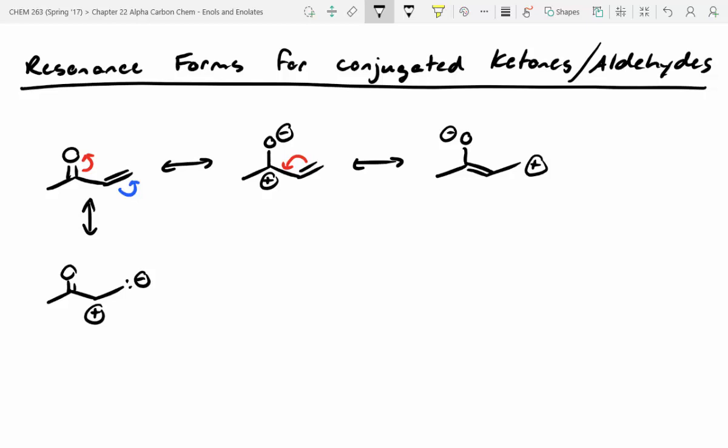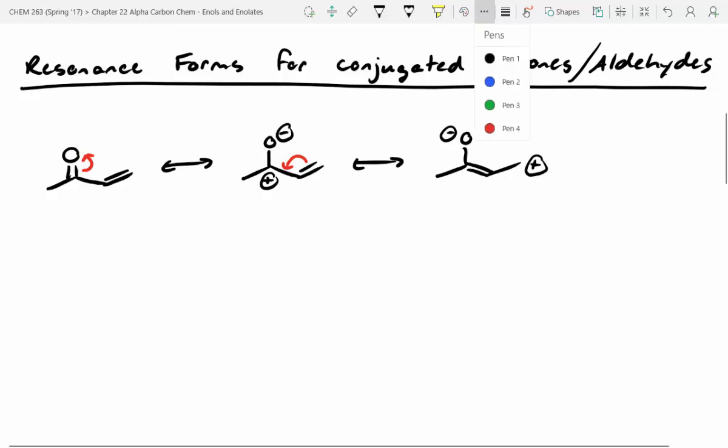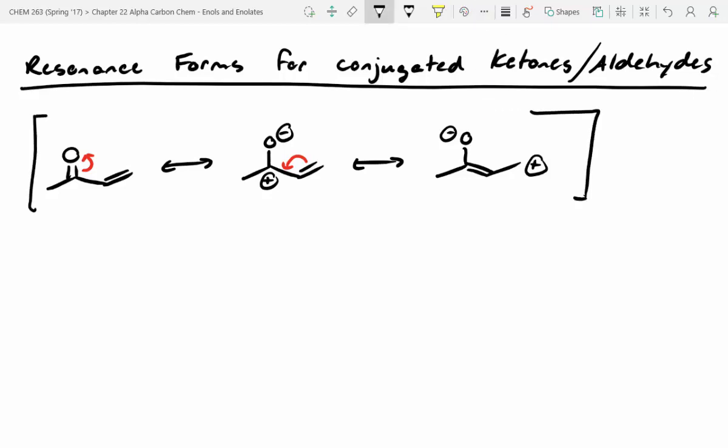Yeah, we've got a positive and negative on two adjacent carbons. Those are so minimal, don't even bother drawing those. They're a waste of time. So the top three resonance structures are going to be our major ones. And the interesting thing with these is if we consider the electrophilic positions, we've got two different electrophilic carbons, right? So this carbon's electrophilic and that carbon's electrophilic.